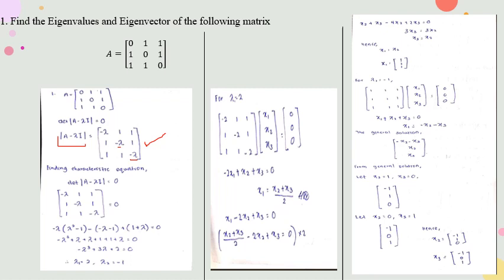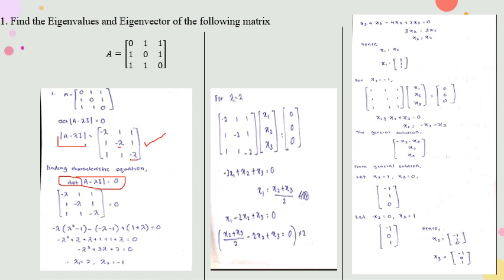So the next step is finding the characteristic equation. Here I'm using this equation where the determinant of A minus lambda I, the identity matrix, equals 0. So from here we will use the steps for finding the determinant.